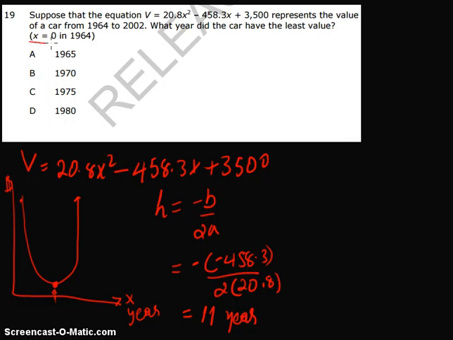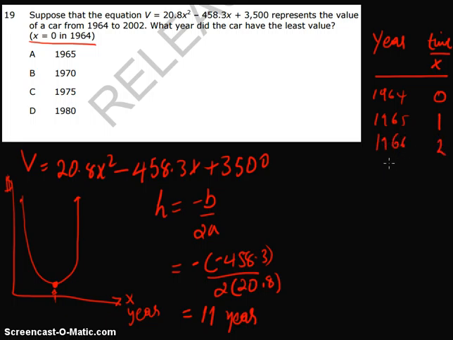It says that x is equal to 0 is 1964. So in this case, I'm going to write year and then the time, which is x in this case. So in 1964 we got 0 years. 1965 would be 1, 1966 would be 2.